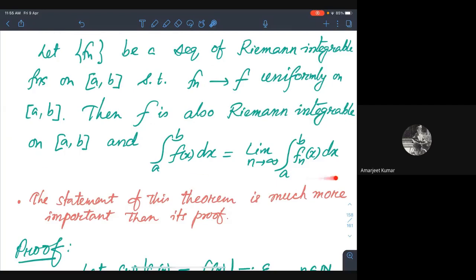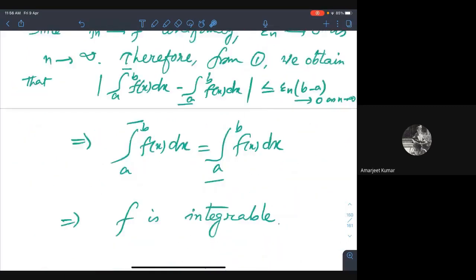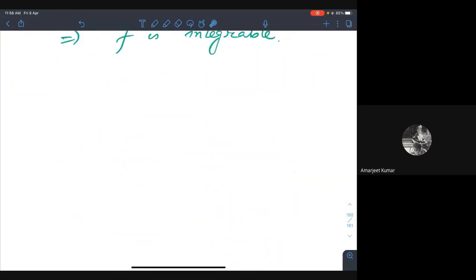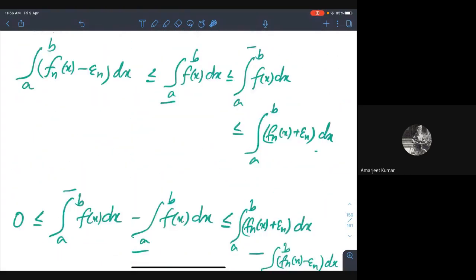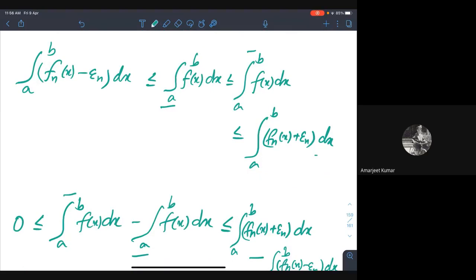What is remaining is this part. So let's see how we prove the interchange of limit and integration. All right. Now again we will use this step, maybe call this star.